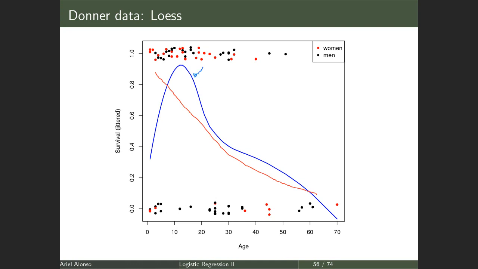Now, think about it. It makes a lot of sense to have a quadratic function of age. Why? Because when you are very little, when you are a baby, I expect that your probability of surviving is smaller because babies are really vulnerable. When you are very old, your probability of surviving also goes sharply to zero. But if you increase age to a certain point, you are dealing with a stronger person. So a 10-year-old is stronger than a 1-year-old, and a 15-year-old is probably stronger than a 10-year-old.